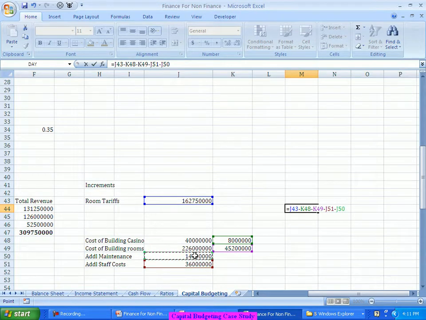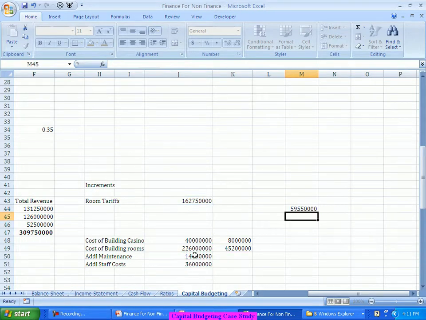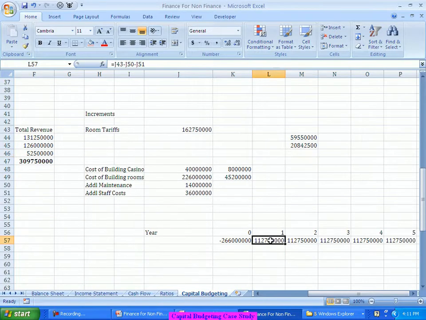4 crores you have spread over 5 years, 80 lakhs per year. Similarly, 22.6 crores you have spread over 5 years, making it 4.52 crores per year. So per year, your extra profit is going to be this much, which means per year your extra tax is going to be 35% of this. So at least another 2 crores you have to pay to the government every year extra, which means from this money, you are not getting the whole 11 every year because you are paying 2 to the government.